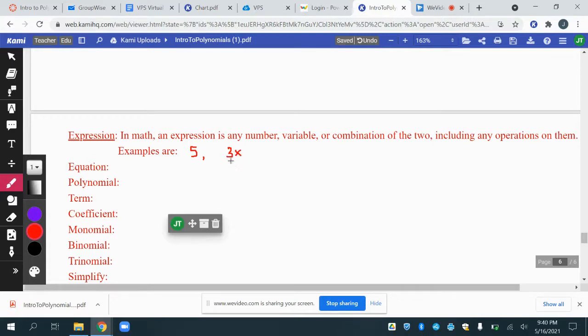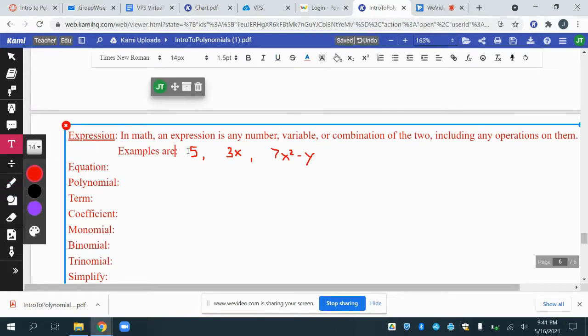Numerical expressions only have numbers. Algebraic expressions have variables. 7x squared minus y. It can be literally any combination of those things. It doesn't really matter. Okay, so an expression is a very broad statement. You can have addition, subtraction, multiplication. Everything is an expression that you can write numbers and variables to represent something.